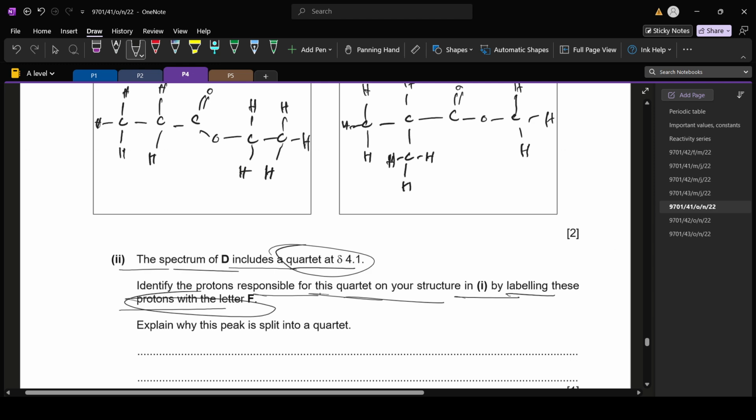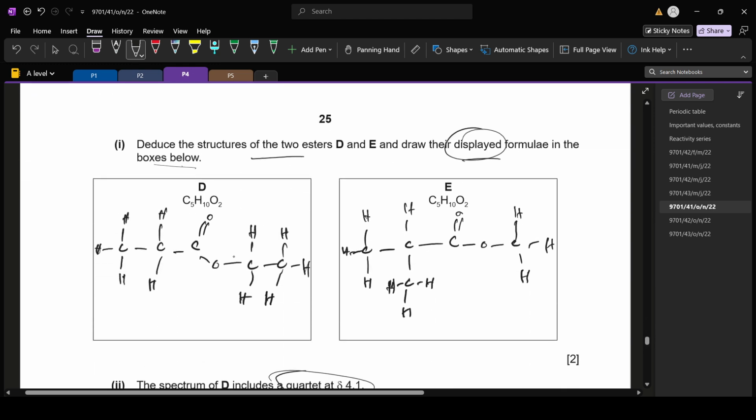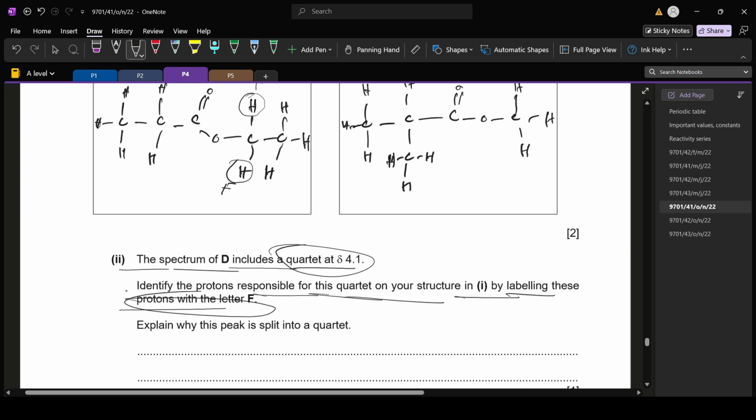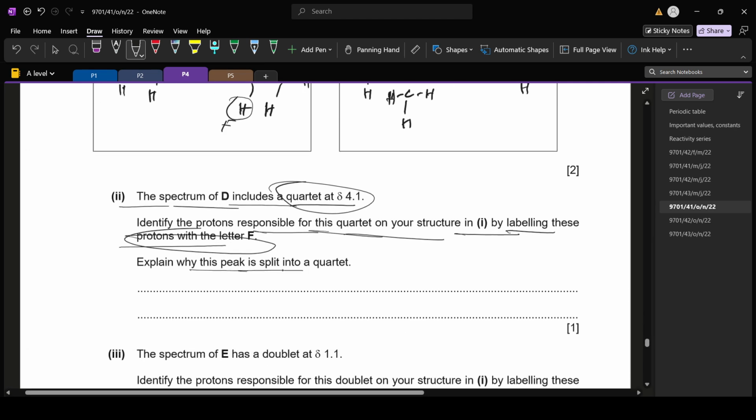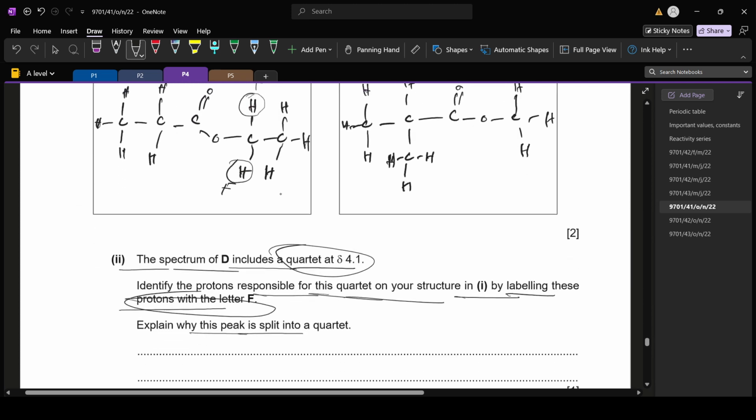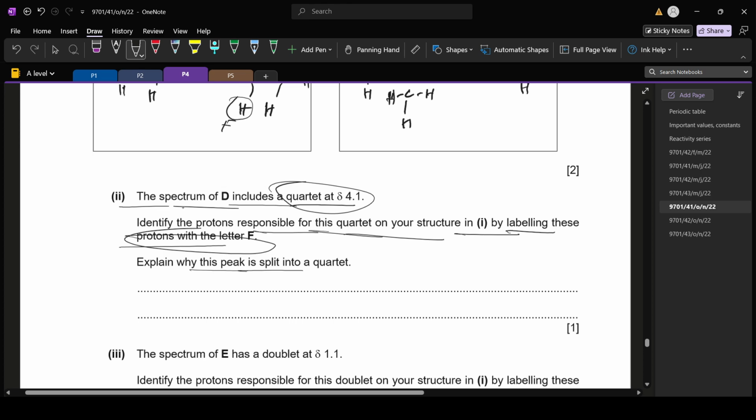So the protons which are responsible for this are these two. Okay, you have to label them with the F. These are your protons which are responsible for these peaks. Now explain why this peak is split into a quartet, because there are three hydrogen atoms on the adjacent carbon. So this will give n plus 1, where n is the number of hydrogens on the adjacent carbon.